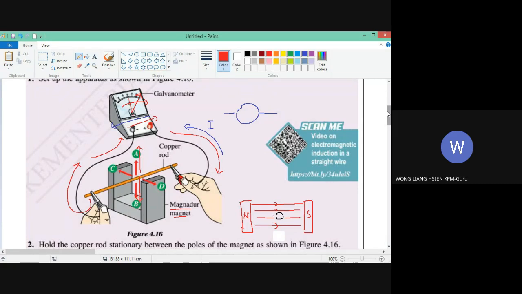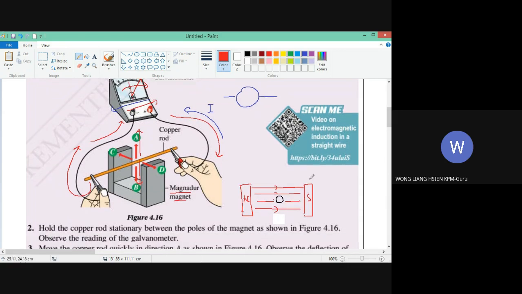All right, so just now we said that when the copper rod passes through the magnetic flux, there will be relative motion.